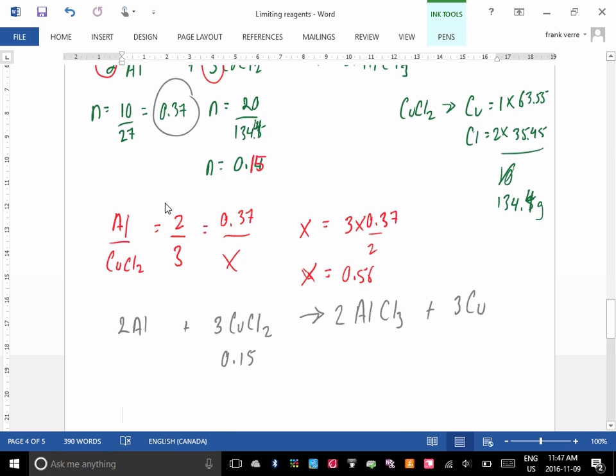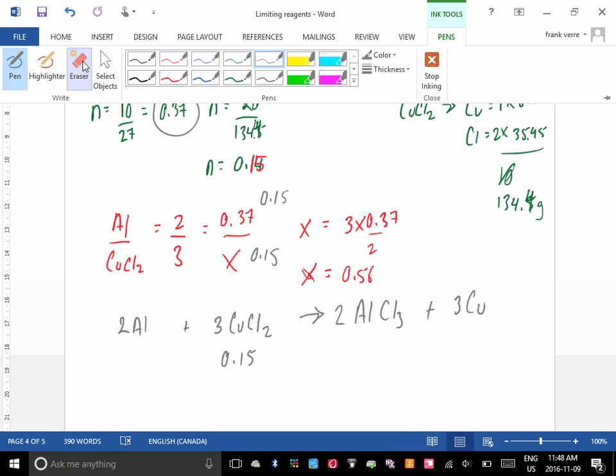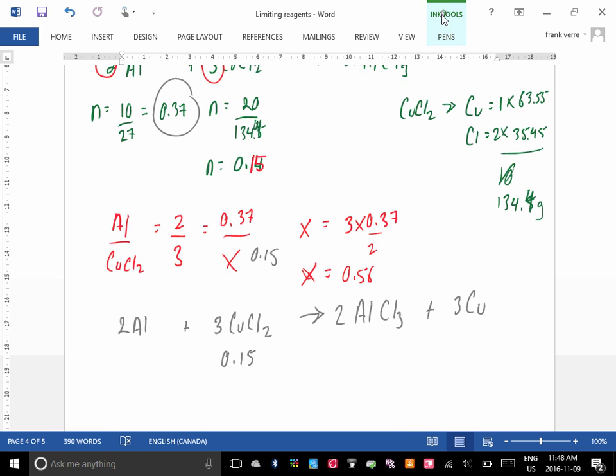So now we can set it up the exact same way as over here. Instead of looking for the number of moles of copper II chloride, we look for the number of moles of aluminum. We know we're going to use up 0.15 moles of copper II chloride.